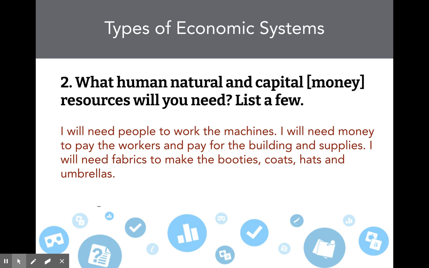So I'm going to need money to pay the workers and pay for the building and pay for my supplies, because I'm going to need fabric to make all of these products and other metals for the little hats and the umbrellas. So I will need those kinds of resources. I'm going to need money and people and material.